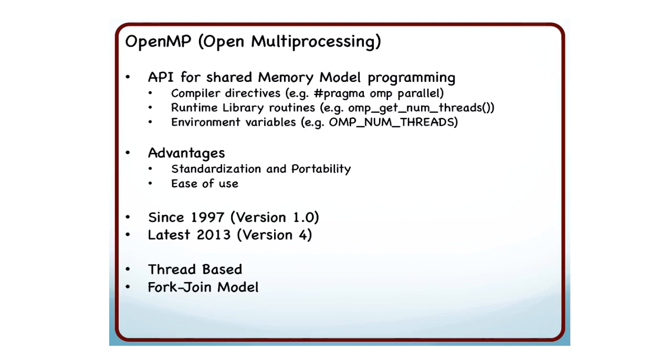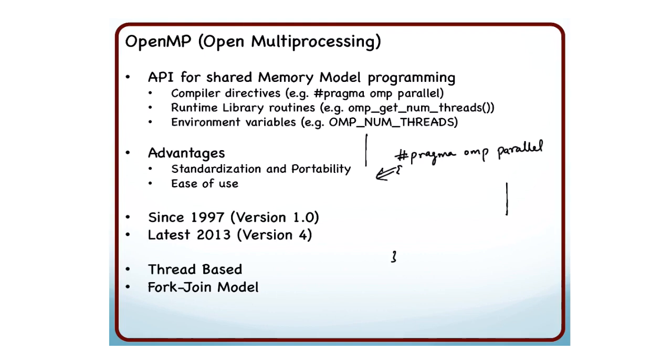So what is the fork join model? When you encounter the #pragma omp parallel region, right? When you encounter this compiler directive, at that time what happens is the compiler replaces this with a code that actually creates threads, right? So up to this point, up to the omp parallel point, code is executing sequentially, right?